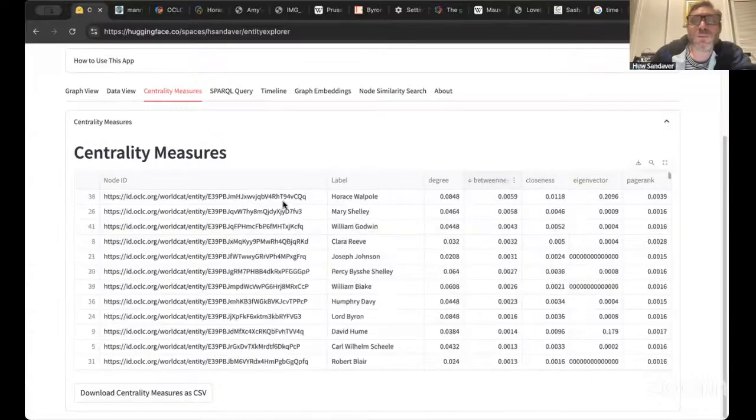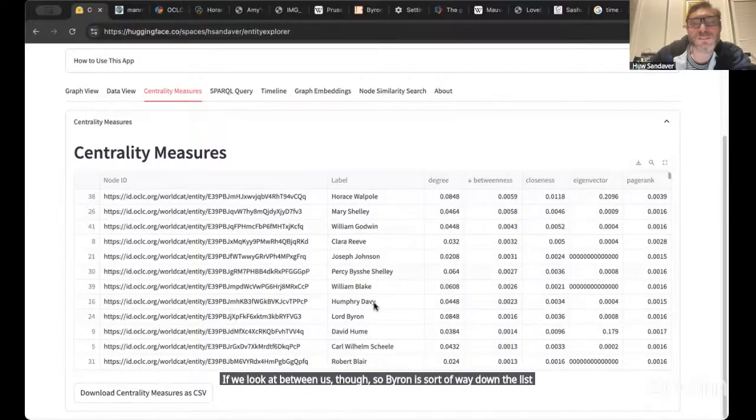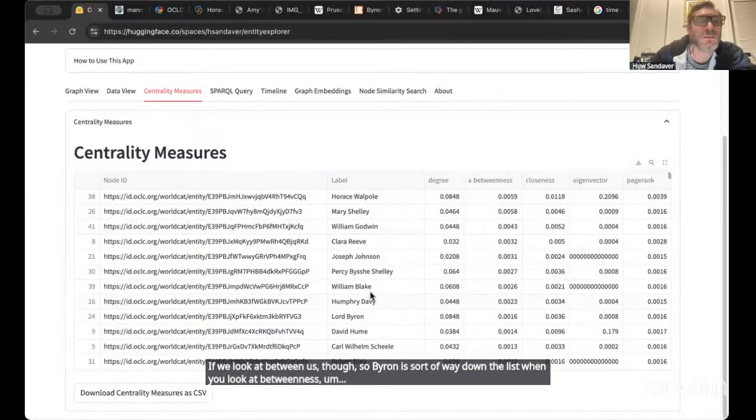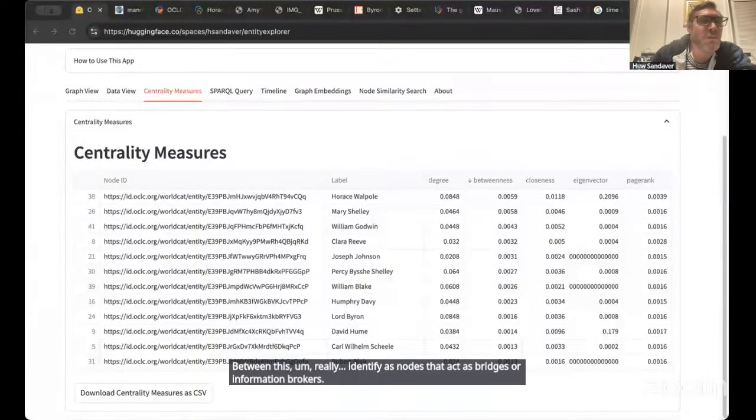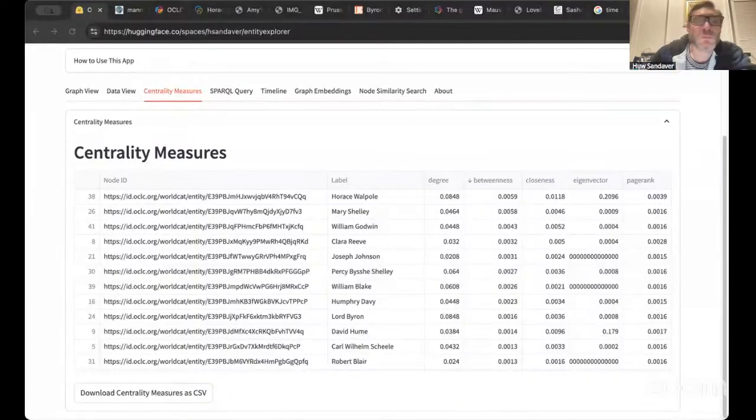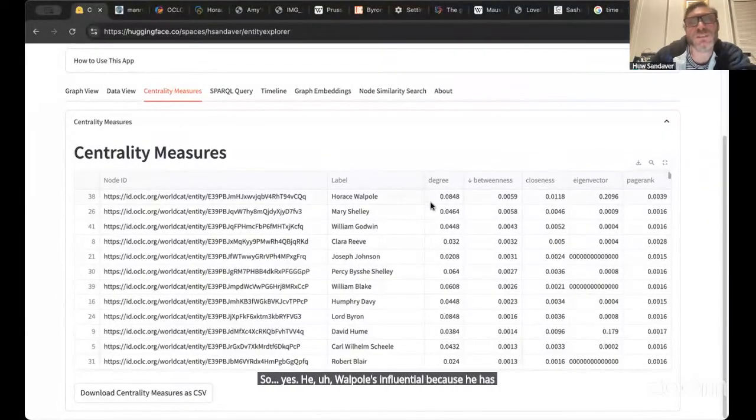If we look at betweenness, though, Byron is sort of way down the list. Betweenness really identifies nodes that act as bridges or information brokers. So, yes, Walpole's influential because he has so many connections coming out of him.